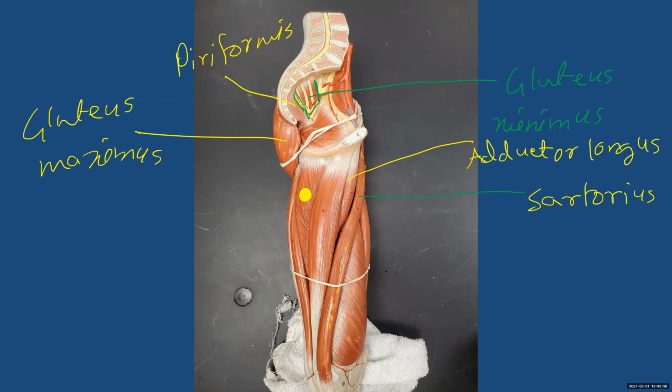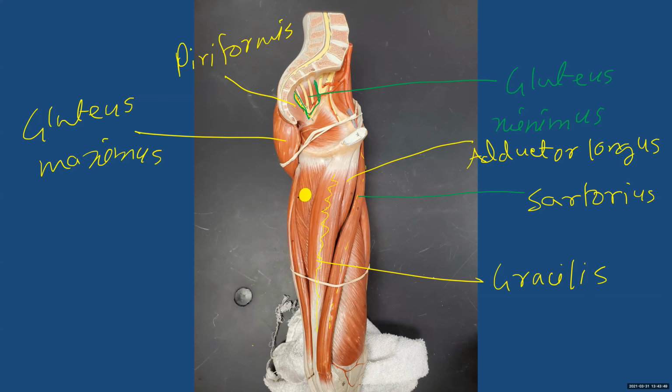Then we are looking at here gracilis. You identify gracilis as the muscle that's not only most superficial, but the muscle that goes straight down, not at an angle. Notice how the gracilis is rather vertical. It's a straighter muscle.